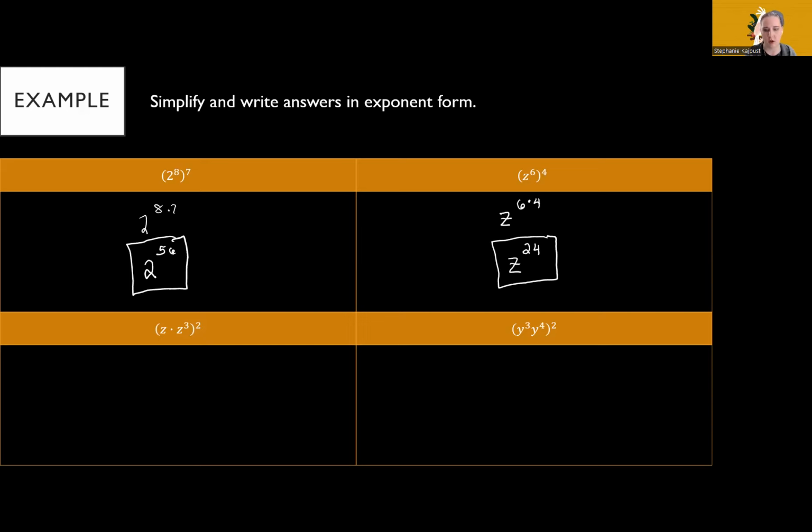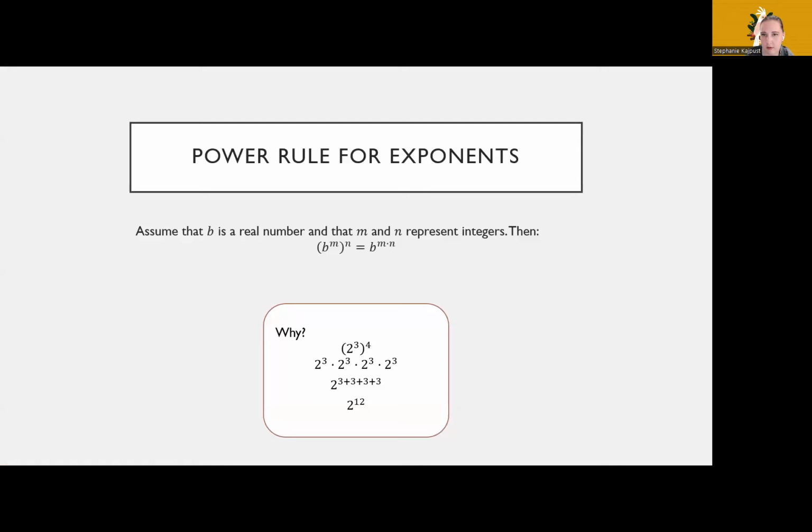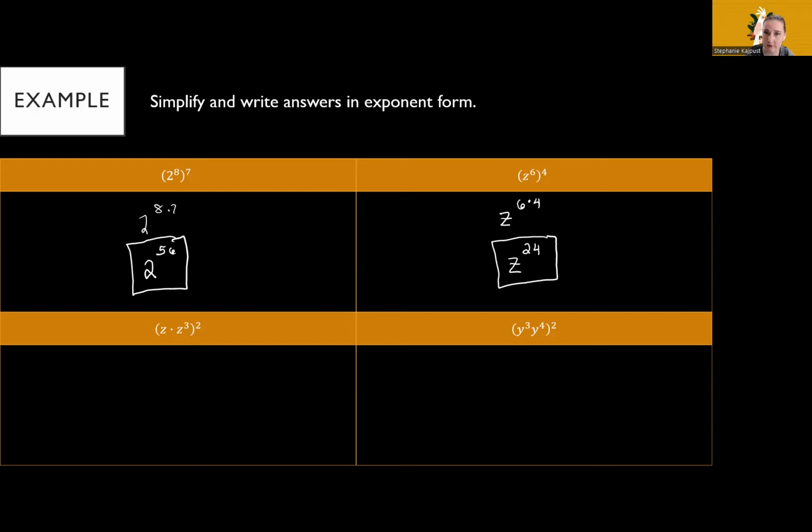Okay. So bottom, these are a little more complicated. They don't really look like the ones on the top. On the left, we have z times z cubed and then squared. Our rule has one thing inside the parentheses, and here we've got 2 things.